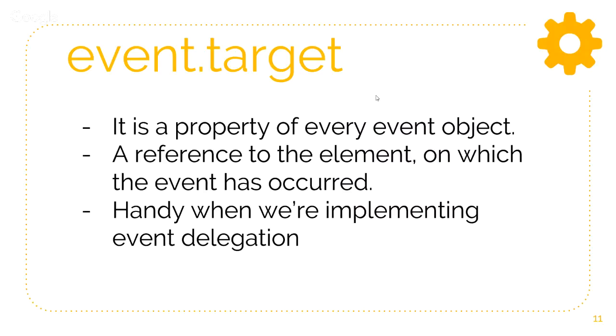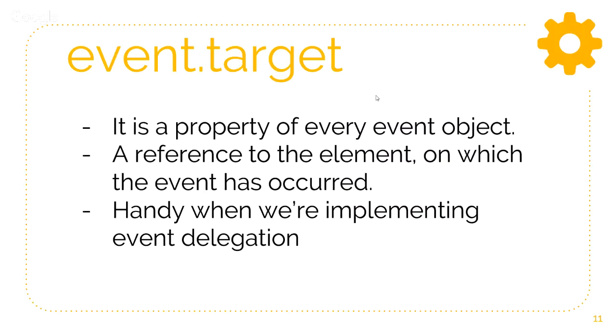Imagine, for instance, that there is a list of similar items that don't have any difference between them. So imagine an unordered list with many li items. The target property will return exactly the element on which the event has occurred. It is just like a variable which we can modify or interact with.